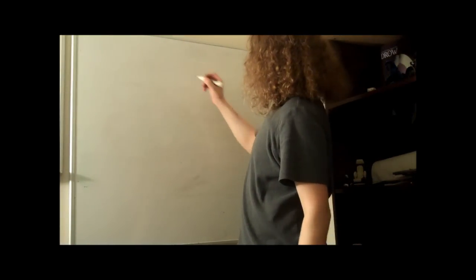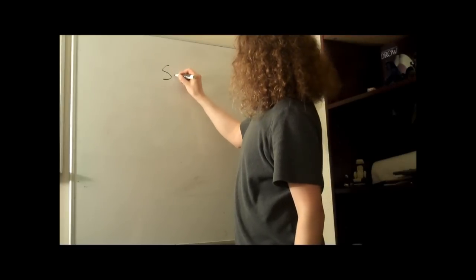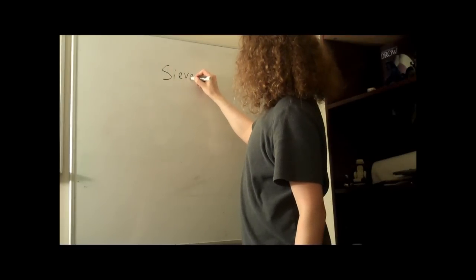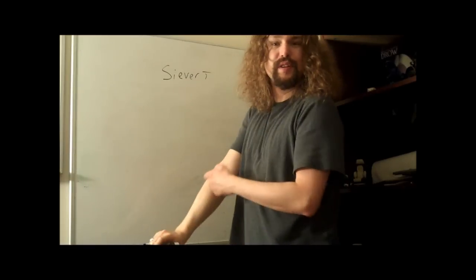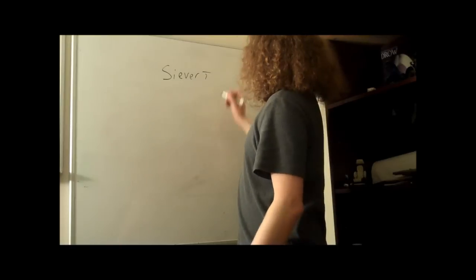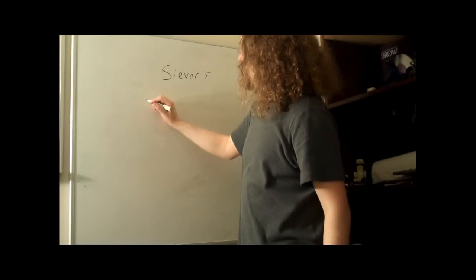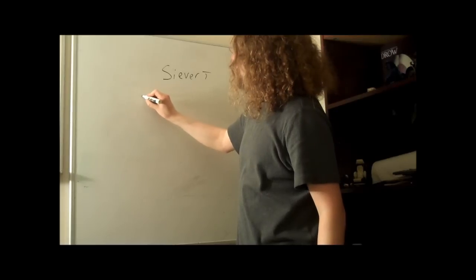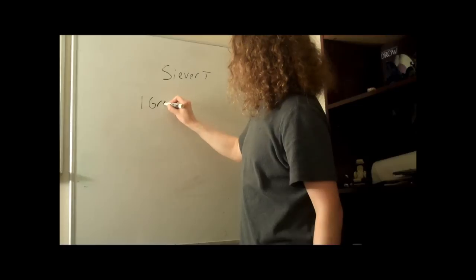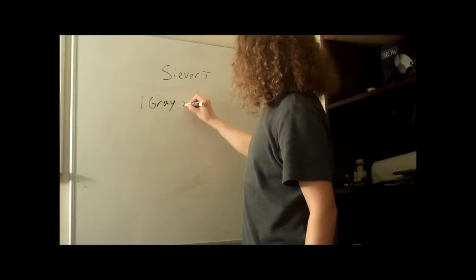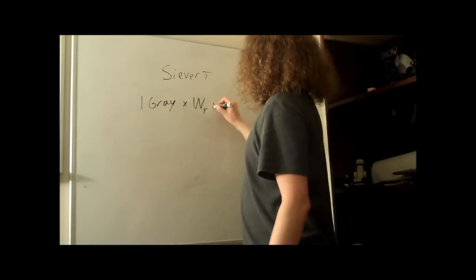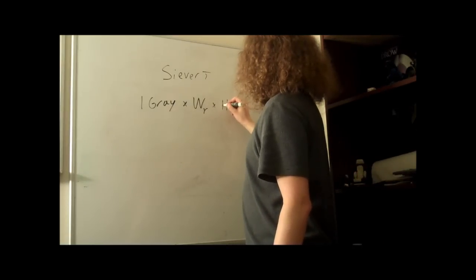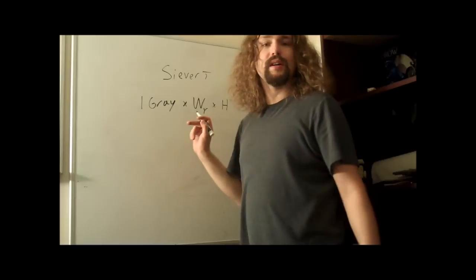And once you do energy, then you can know this. One sievert, I sometimes misspell i before e, e before i, so if I misspell it, don't shoot me, is equal to 1 gray times the weighting factor for the type of radiation and also the weighting factor for what it's zapping.